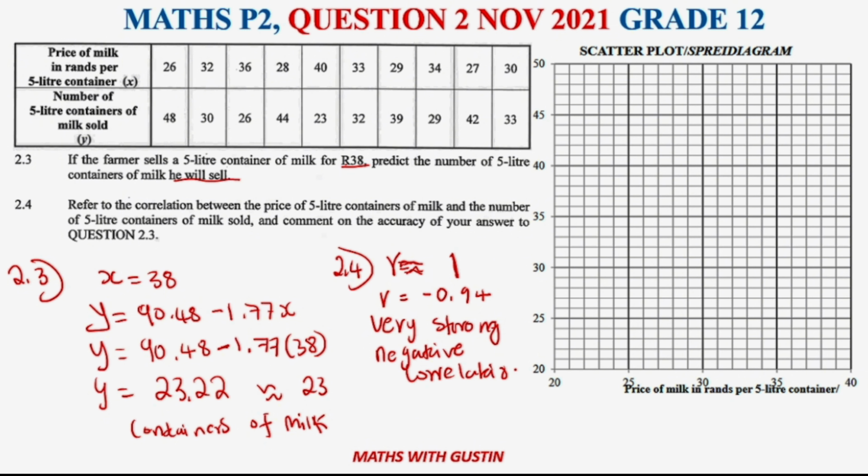Yes, there is very much accuracy. Comment on the accuracy. Okay, so the data is very accurate. Okay, you can also say the data is accurate. If you also want to go further, the data is accurate because the R value shows a very strong correlation between the two data. All right, and that's how you deal with a question like this one.